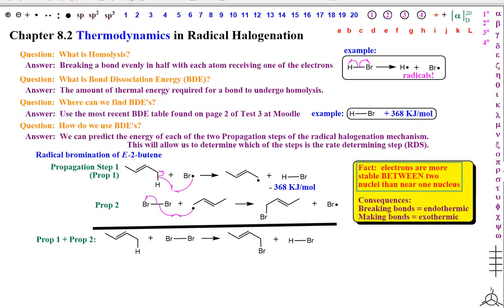I hope it makes sense that the only thing that stabilizes electrons are protons found in the nucleus of an atom. So if you're an electron, you'd rather be between two nuclei than just close to one. You have more protons close by. You're more stable.